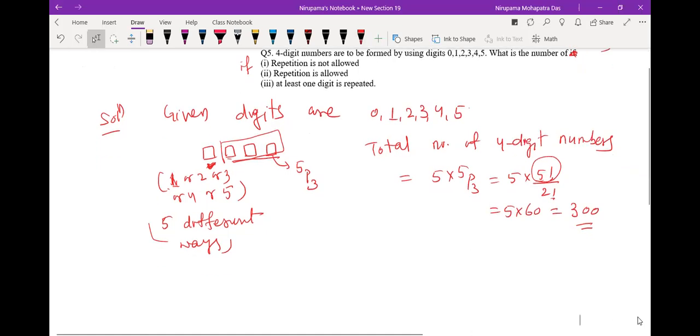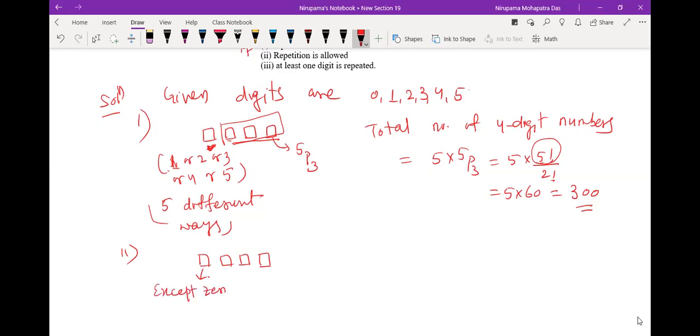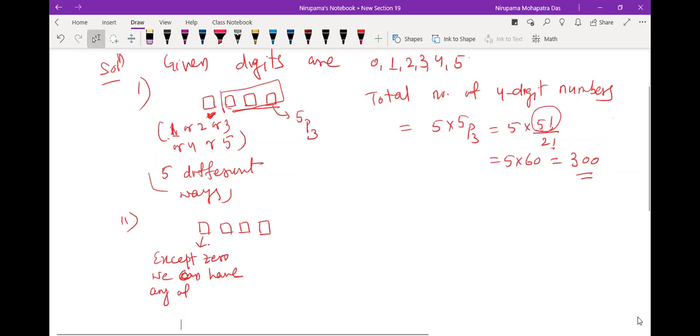Okay, now the second part is when repetition is allowed. So here we are having again 4-digit numbers, for repetition allowed. So here you cannot have 0 in the first place. Except 0, we can have any one of the 5 digits.